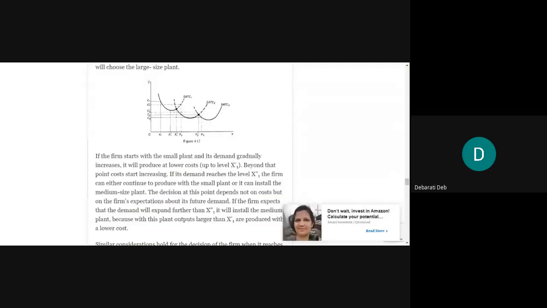You have to think about the future also. So the decision at this point will depend on the rationality of the owner, whether he chooses to move on to the medium size plant or he will continue with the small plant.